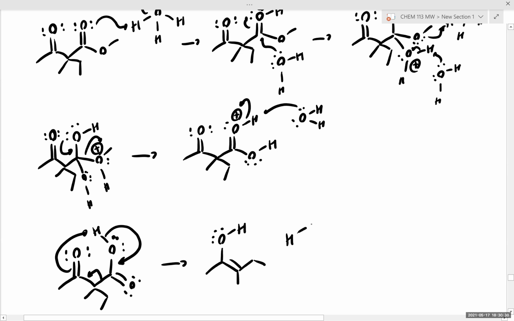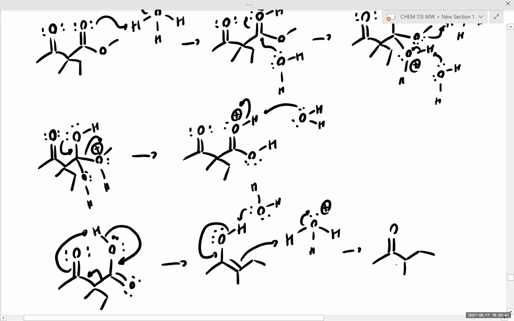From here, we're going to tautomerize this enol tautomer to the more stable keto tautomer via a series of proton transfers. That in turn gives us our desired highly substituted ketone. Does this make sense?